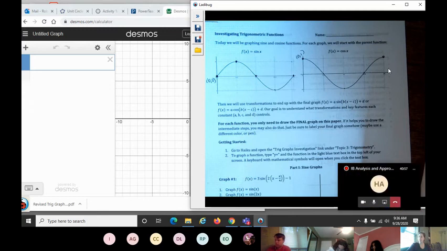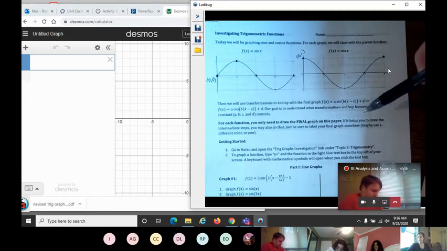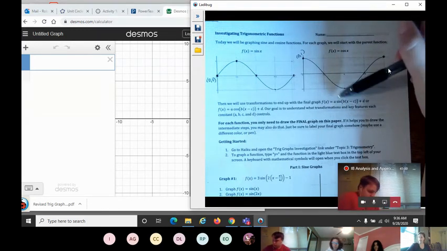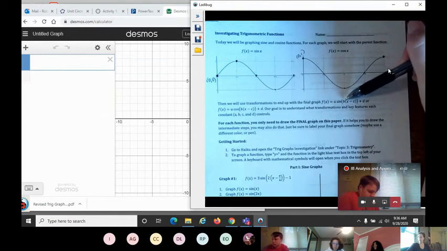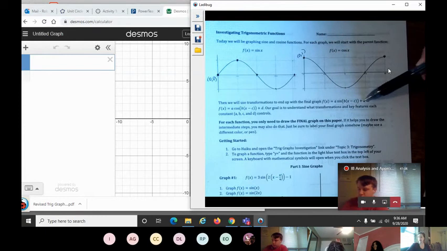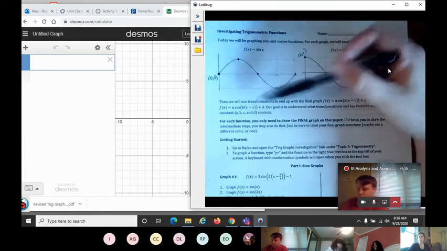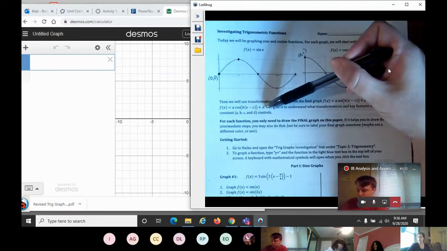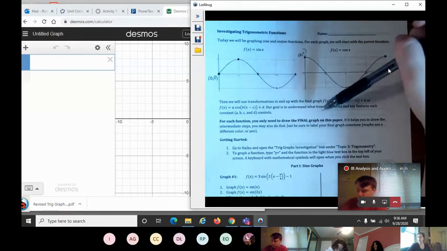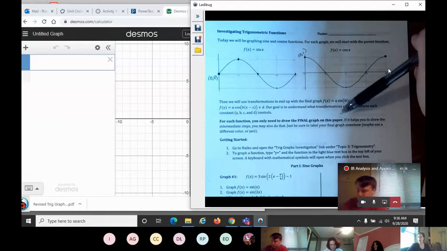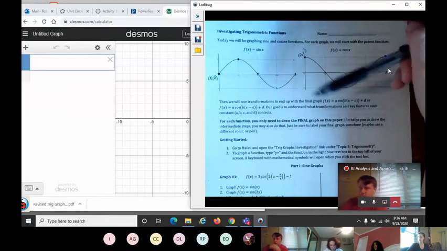It says then we will use transformations to end up with a final graph, A sine of B times the quantity X minus C, plus D. This is the same thing, just with cosine instead of sine. And it says our goal is to understand what transformations and key features each constant controls.